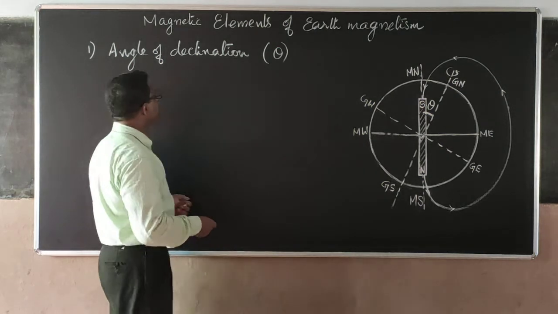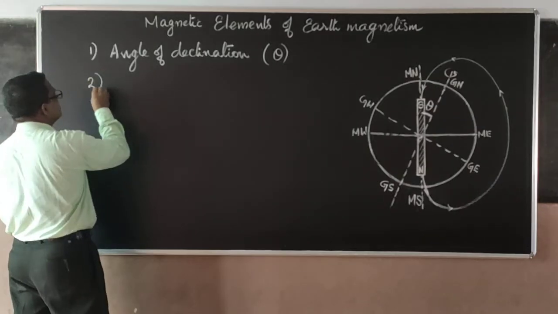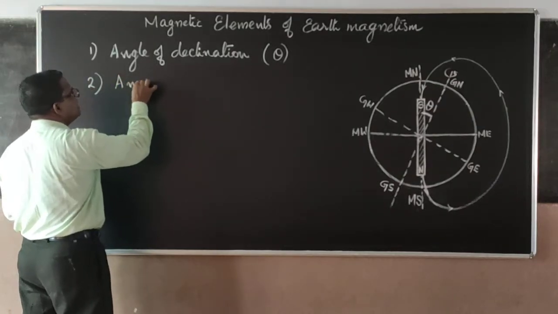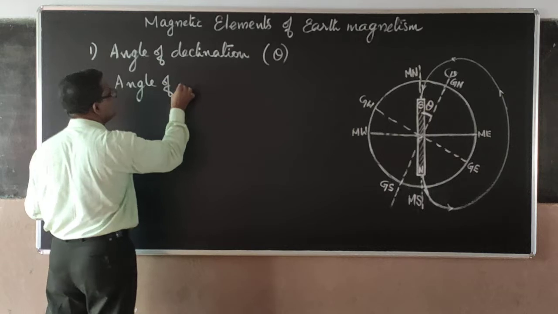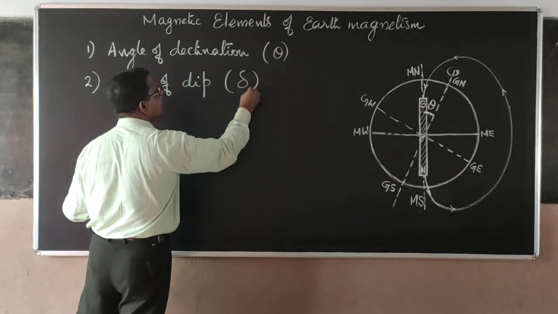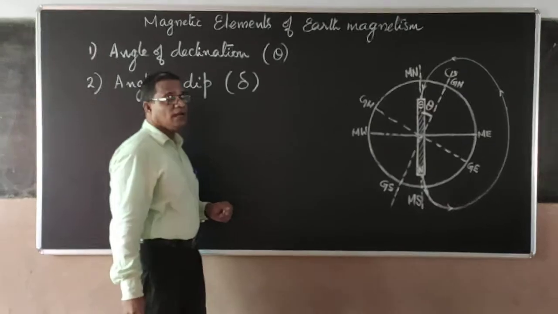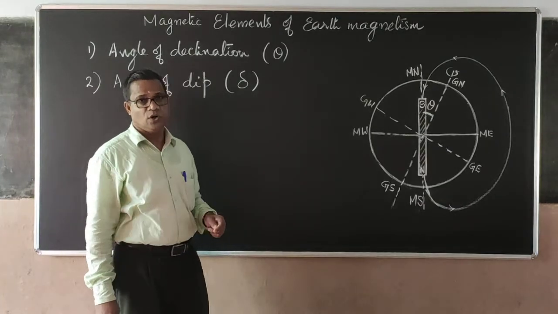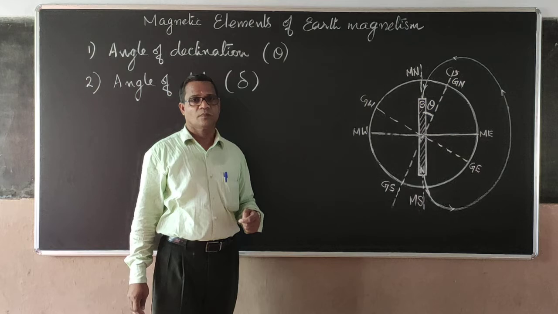Next one is angle of dip, denoted by delta. Angle of dip or inclination.